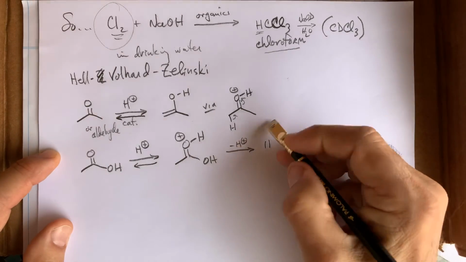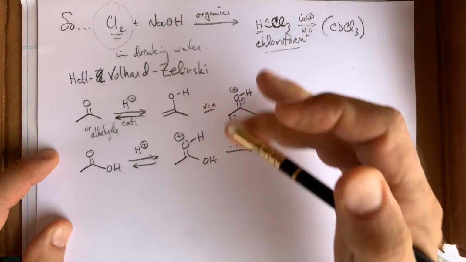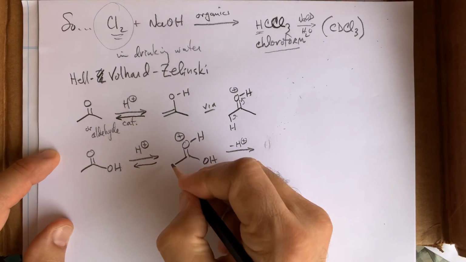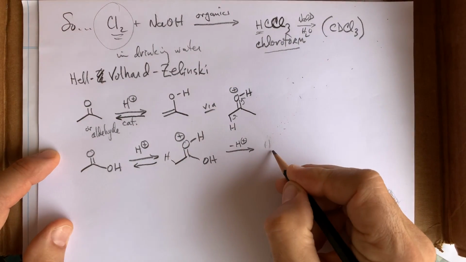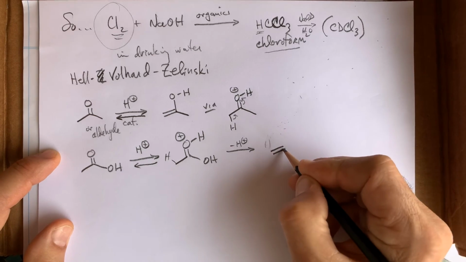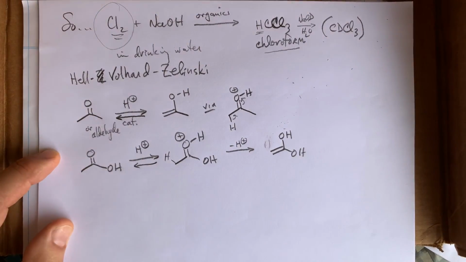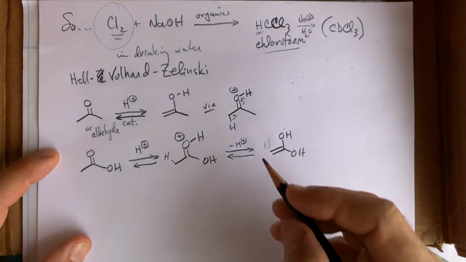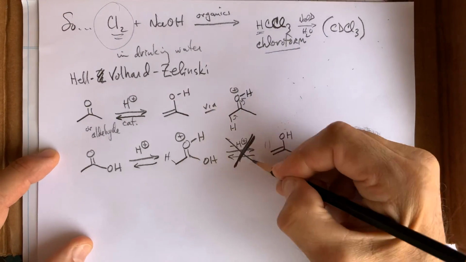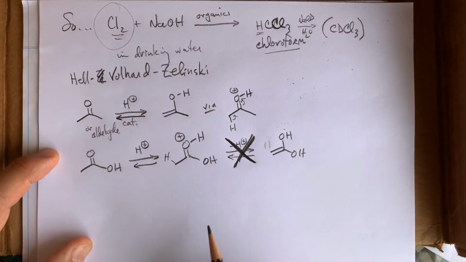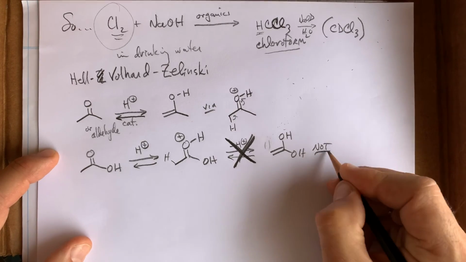Oops. The proton that I was just starting to draw in. And you get this dihydroxyalkene. Well, while in principle there's nothing wrong with that, in practice that doesn't happen. Not formed.